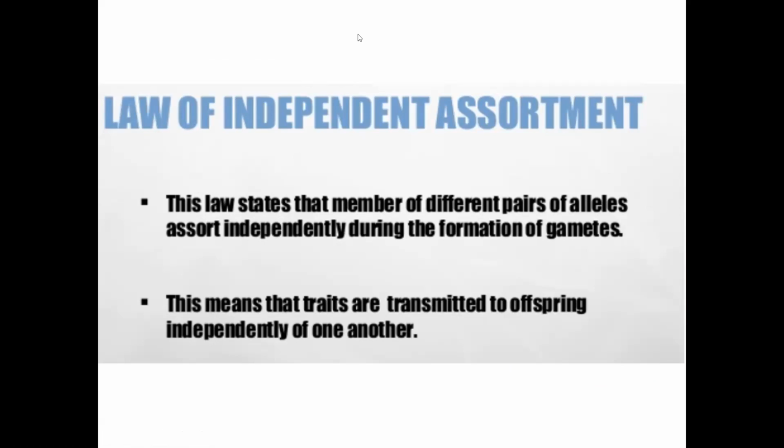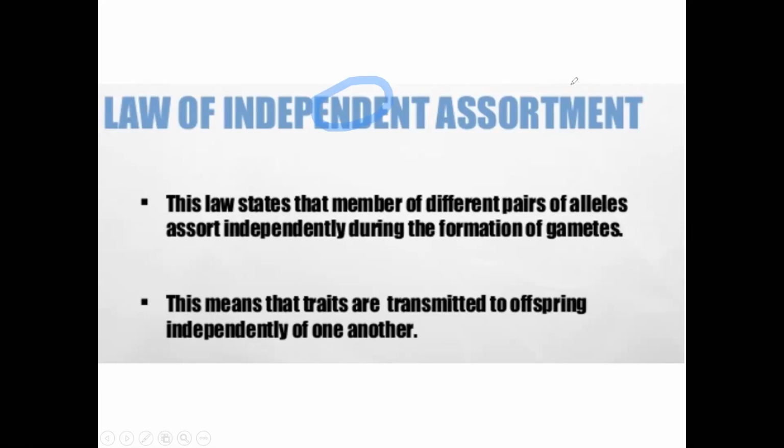Okay, suppose this one is the independent assortment. This independent assortment will not be dependent on any of the processes, and assortment means when different things are getting segregated in an independent manner.